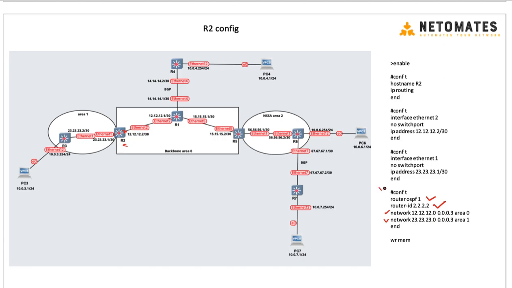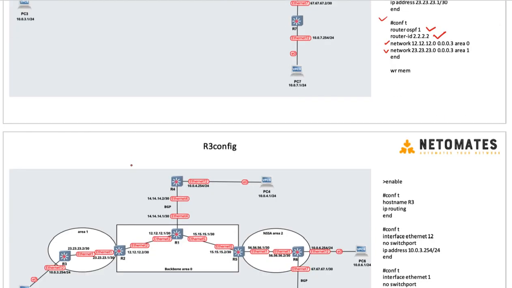This is just the basic configuration. Once we enable OSPF here and here, it should be able to learn the routes through here and forward them to the backbone area. This is a standard area, so there is no specific area type configuration.